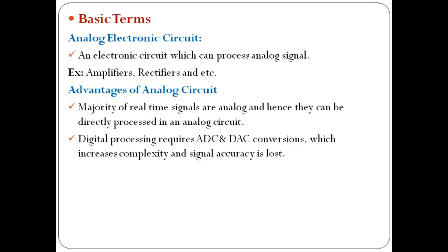So the first advantage of analog circuit is, in real life, every signal is an analog signal, so we can directly process it in the analog circuits. In digital signal processing, we require analog to digital and digital to analog conversion circuits, which increase the complexity of the circuit, and we lose the signal accuracy.